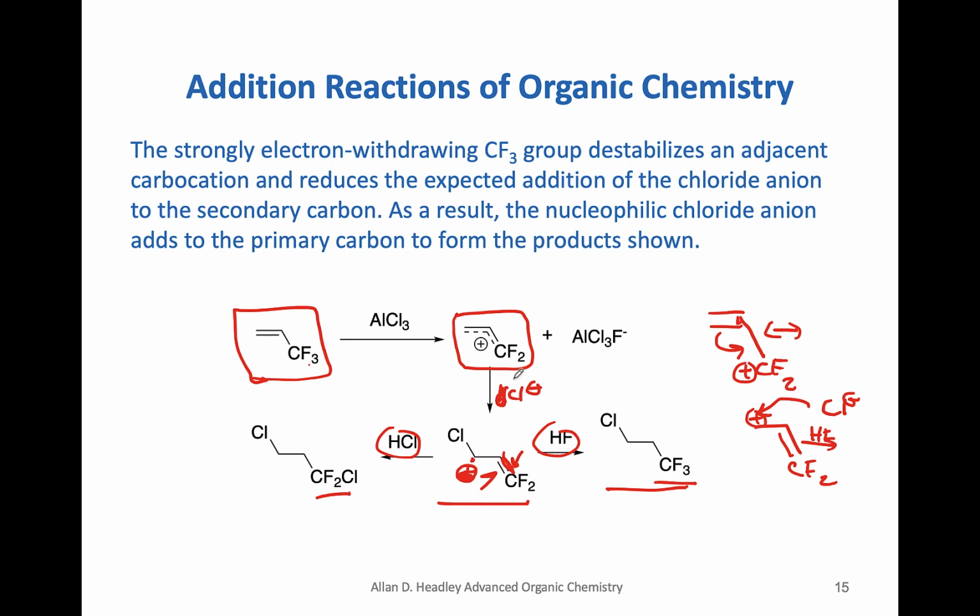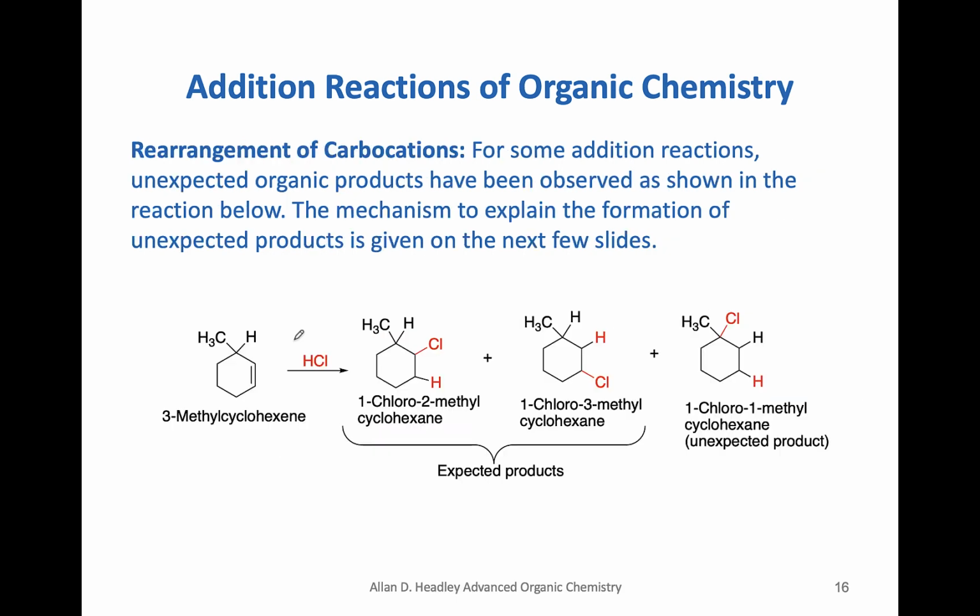And of course the Cl can add to this end to get this intermediate, and the HF can add here, and HCl can add here to give different products, which is different from the expected, all because this group here is a strong electron withdrawing group.